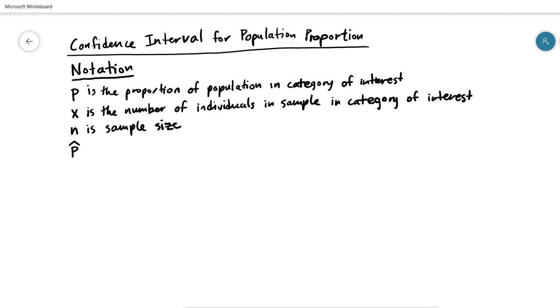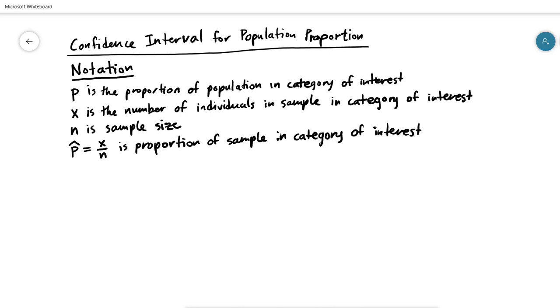P hat is going to be our guess for P. So it's equal to X divided by N, and it is the proportion of the sample in that same category of interest. So again, our goal is to compute P hat, use that as our first best guess for the true value of P.